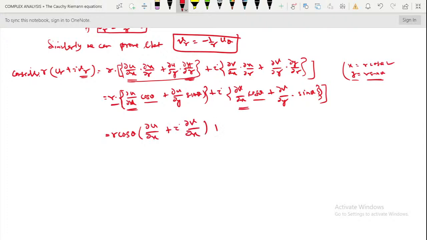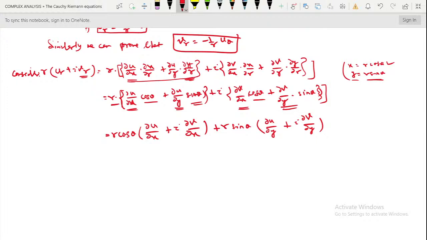Okay. Again taking sin theta common, r sin theta, then this will be del u by del y, there is sin theta again, this is i times del v by del y.